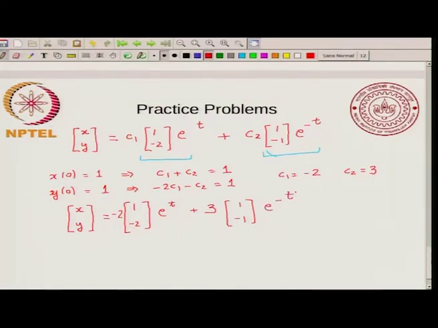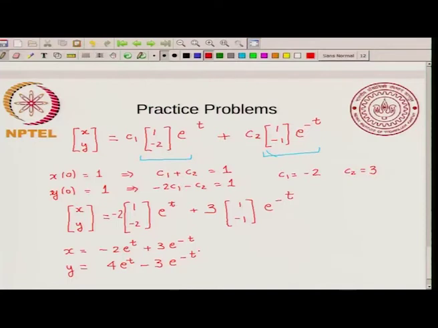In other words, I can write x is equal to minus 2 e raised to t plus 3 e raised to minus t, and y is equal to 4 e raised to t minus 3 e raised to minus t.